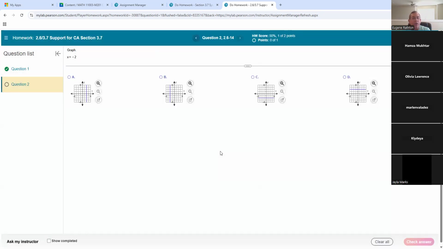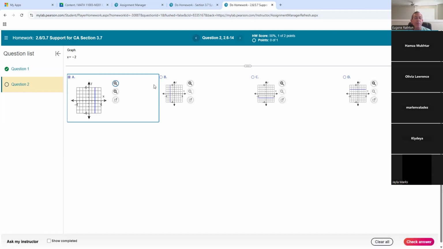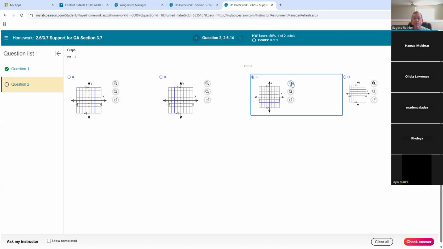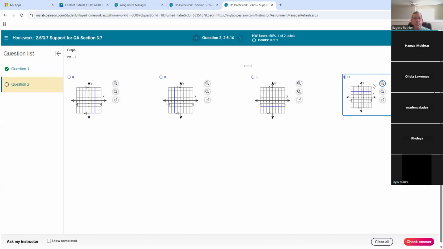Now this one, all you had to do is choose which one of these is the graph of x equals -2. So y'all, let me make these a little bigger for you. Also, the first thing you got to realize is x lines are vertical. So y'all, A, B, C, or D, which one of those would be the graph of x equals -2?